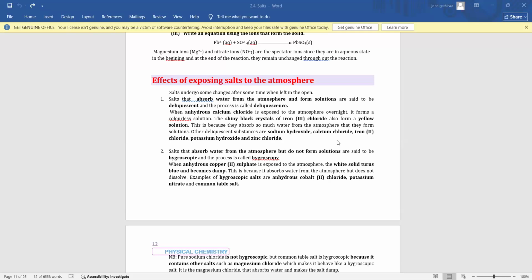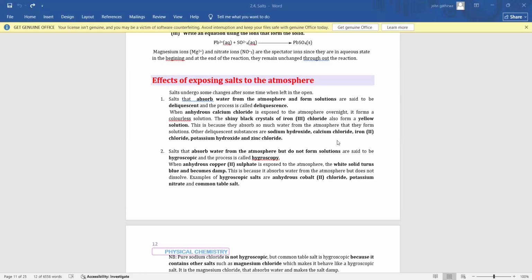So that is actually a reaction of a base and an acid, and we are talking of a soluble base in this case. So what do we consider when we are reacting a base and an acid, or an alkaline solution with an acid?